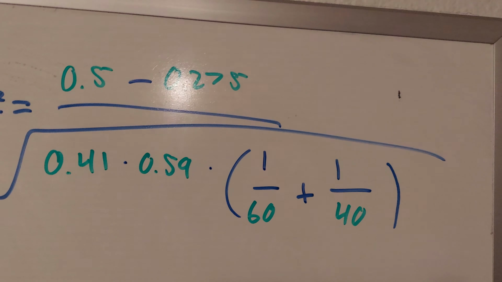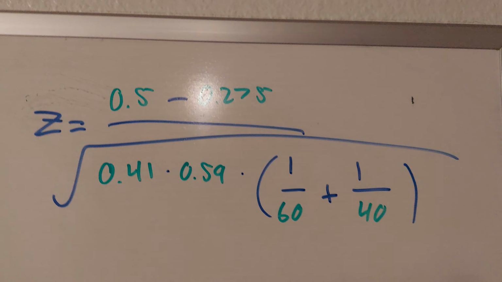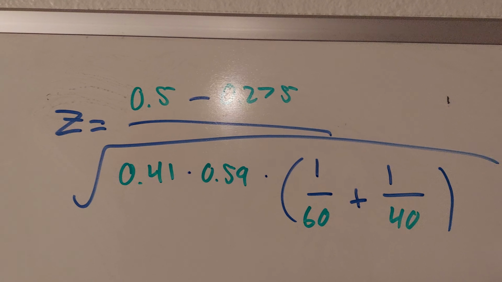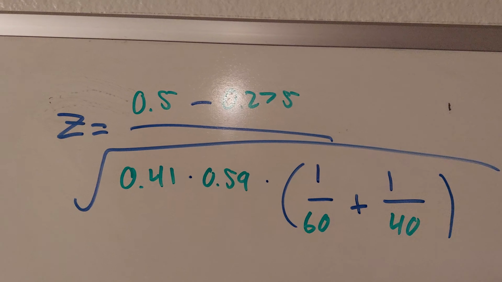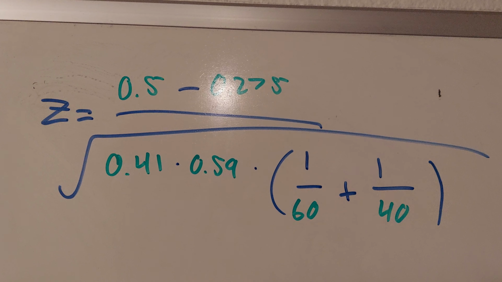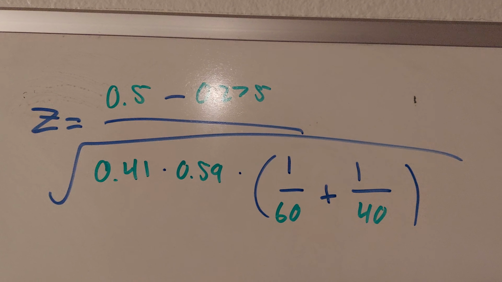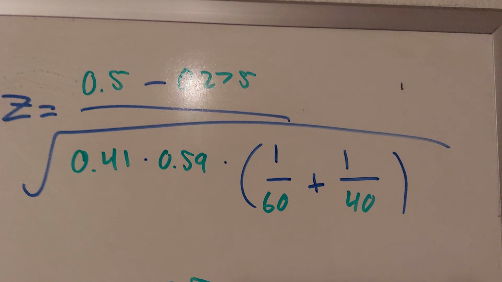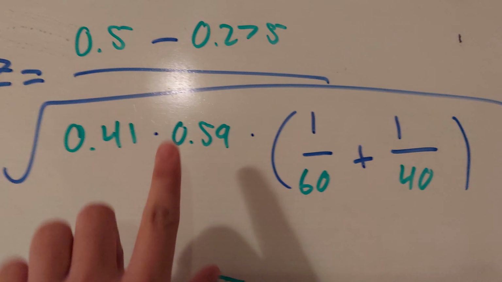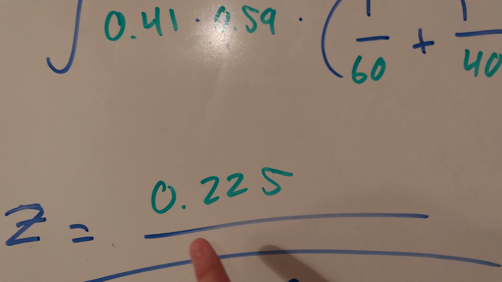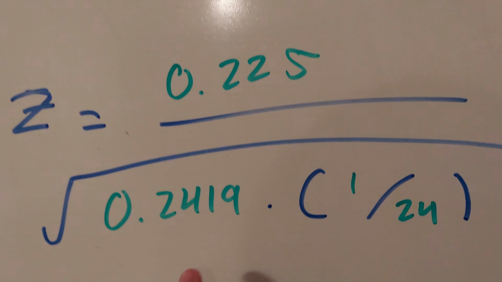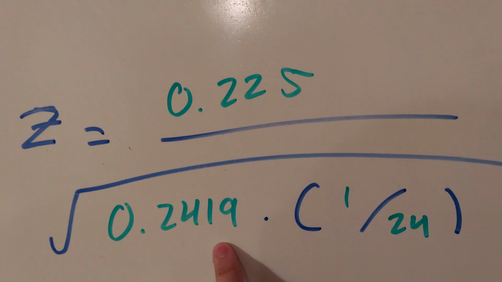It's going to look something like this. Z equals 0.5 minus 0.275, divided by the square root of 0.41 times 0.59 times (1 divided by 60 plus 1 divided by 40). The top part simplifies down to 0.225, and 0.41 times 0.59 is equal to 0.2419.